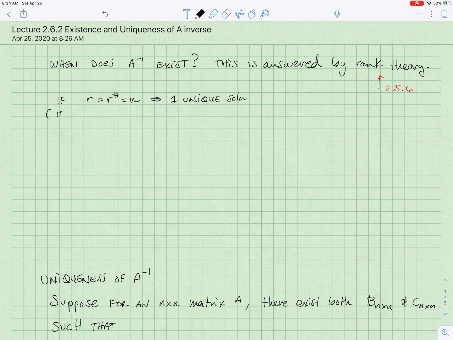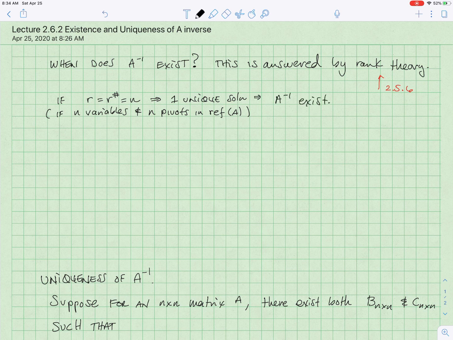Or if there are N variables and N pivots in A, not A augmented, but REF A, then there's one unique solution. And we saw in the last video, if there's one unique solution, then A inverse will exist.